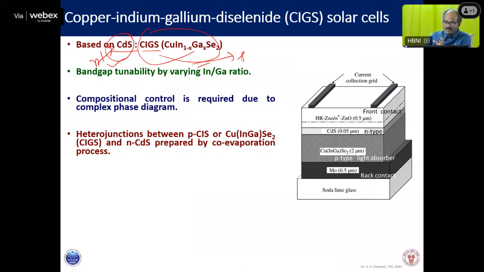What is the advantage? The band gap tunability by varying the composition. On the first day itself, we saw compound semiconductors and ternary semiconductors, where by changing the ratio of gallium and indium, you can vary the band gap.